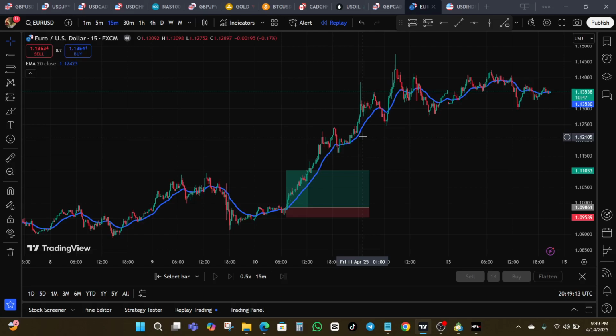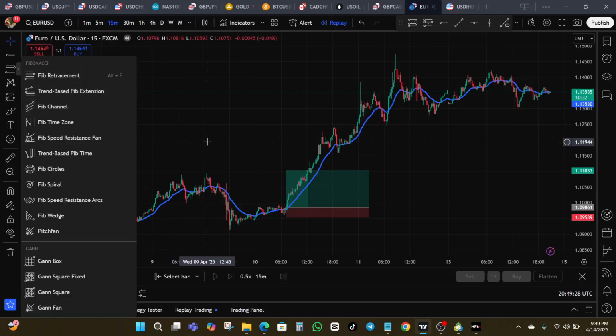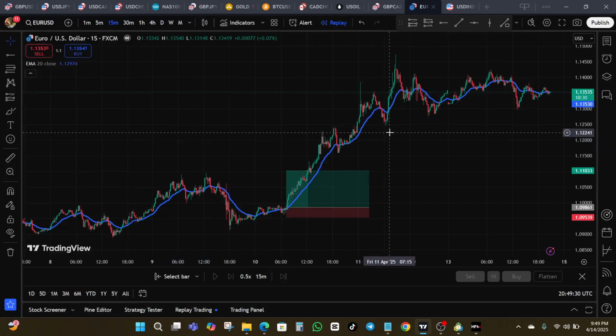Backtesting helps you identify patterns and mistakes before they cost you in a live market. Now, TradingView's tools like the drawing lines, Fibonacci levels, RSI, MACD, or any other indicators can all be used while backtesting.